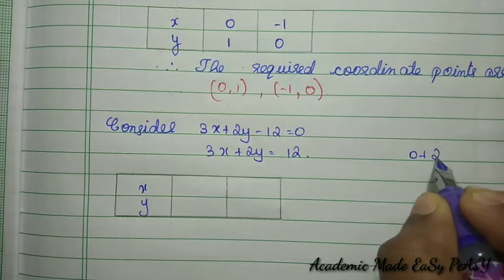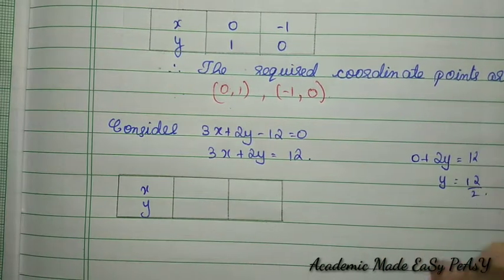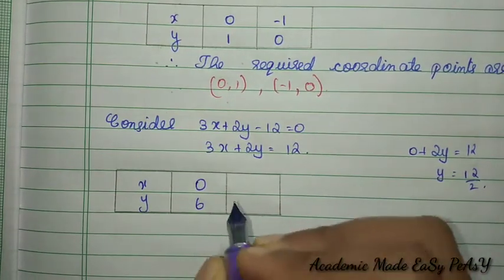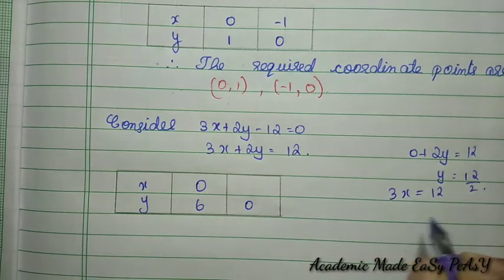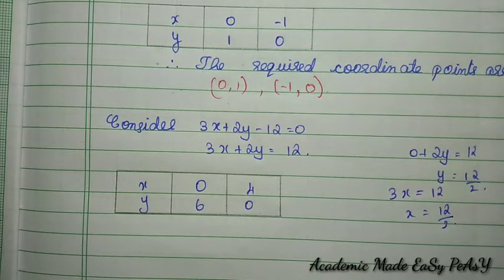So 0 plus 2y is equal to 12. So y is equal to 12 by 2. So if my x is 0, my y will be 6. Okay, so if I have my y as 0, so 3x is equal to 12. So x is equal to 12 by 3. So it is 4. That's all. Okay, so when my y is 0, it is 4.